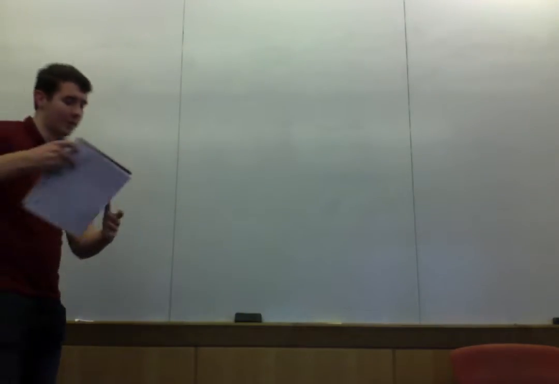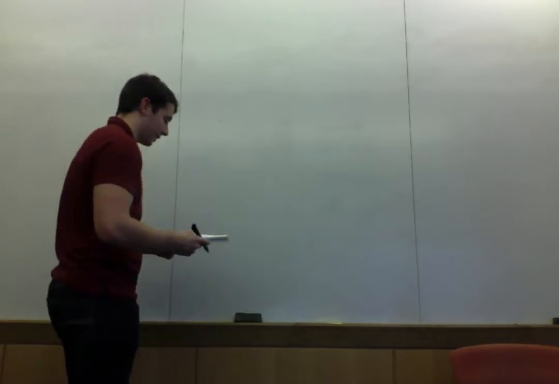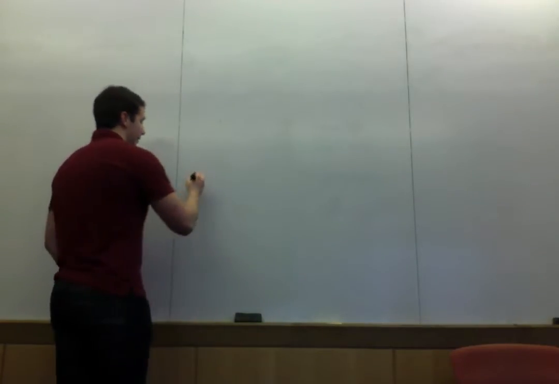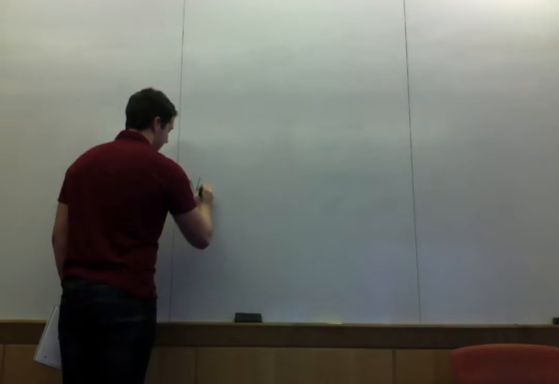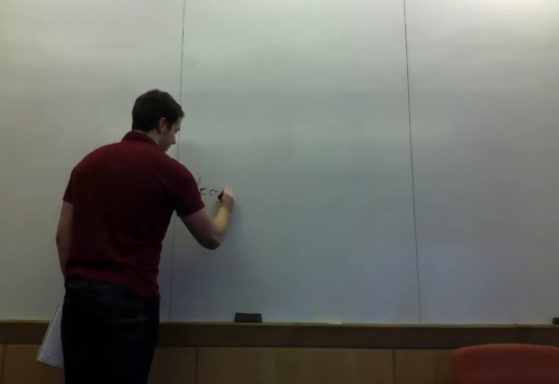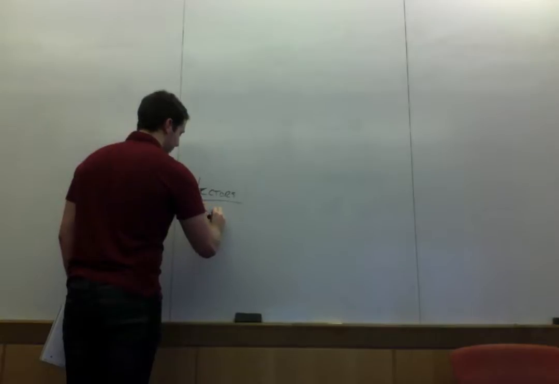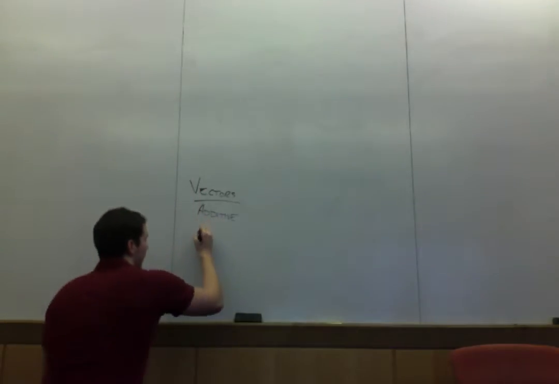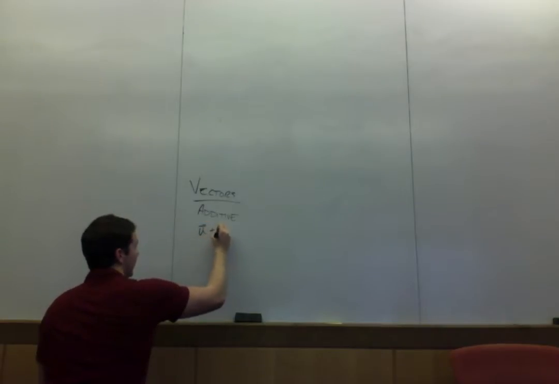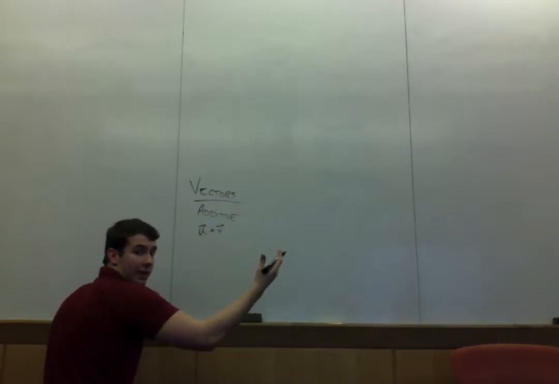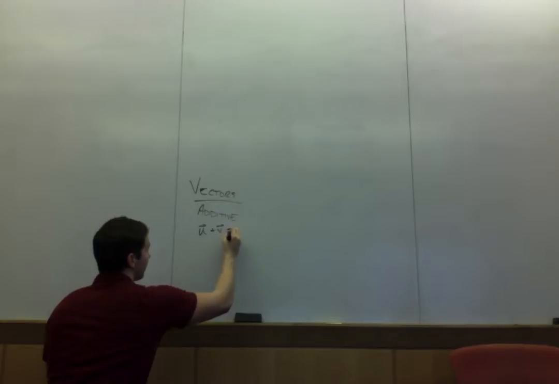But vectors, much like numbers and scalars, have different properties. Vectors are additive. So if we have some vector u and some vector v in a vector space, the resulting vector, we'll call it w, is also in that space.